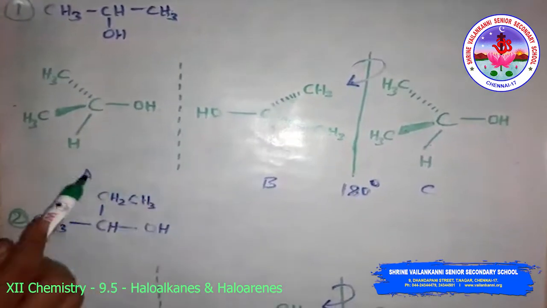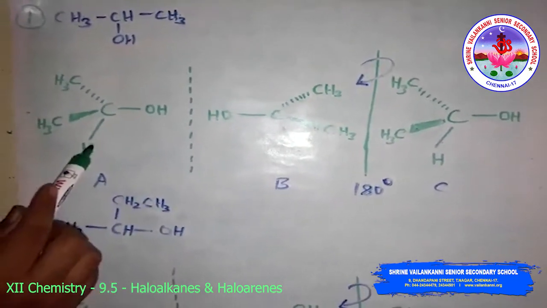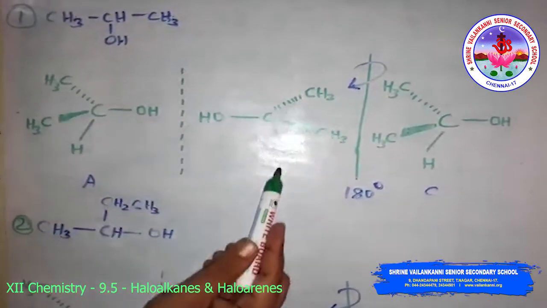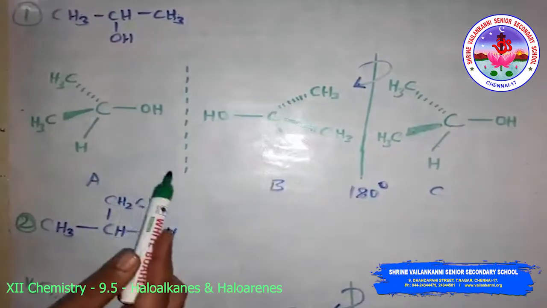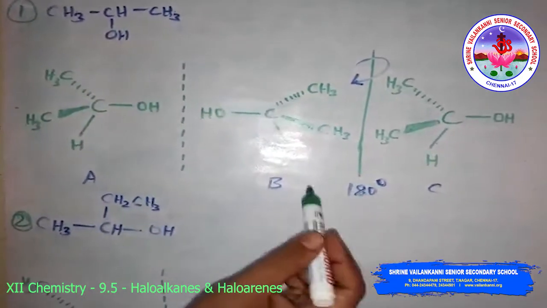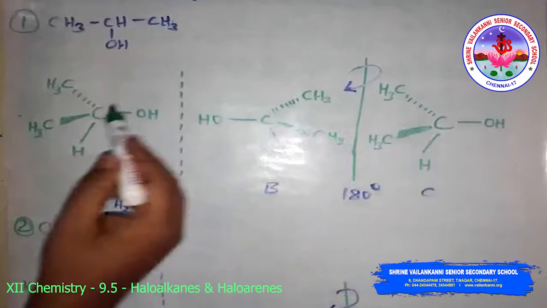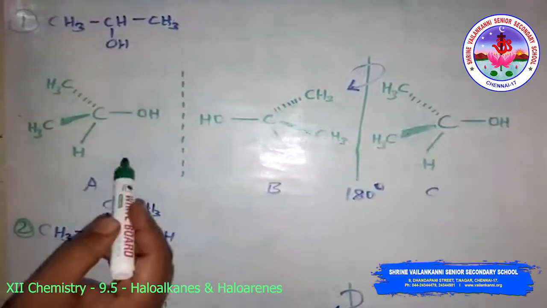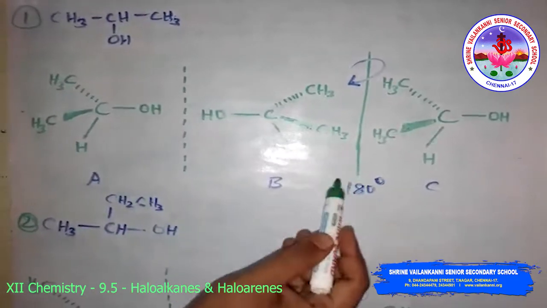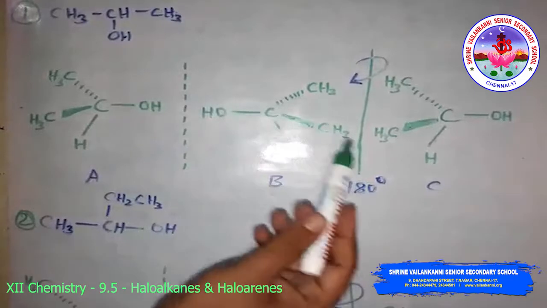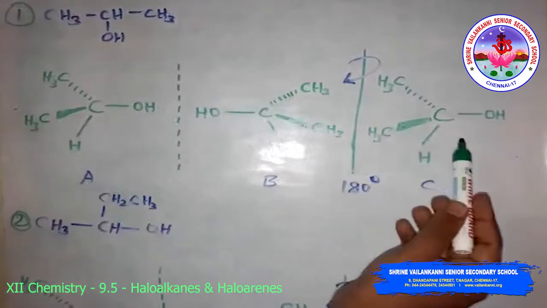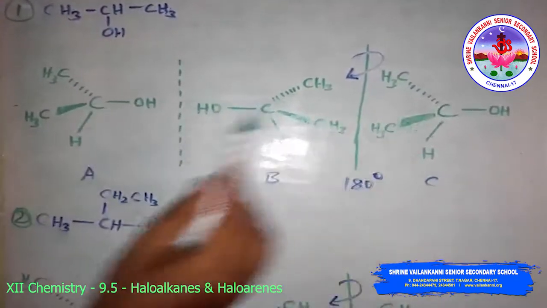The mirror image of propan-2-ol looks the same. If you rotate it by 180 degrees, compound C is obtained, which is the reflection of compound A. That means C is obtained by rotating B by 180 degrees, so C is superimposable on the mirror image of A. A and C are superimposable.